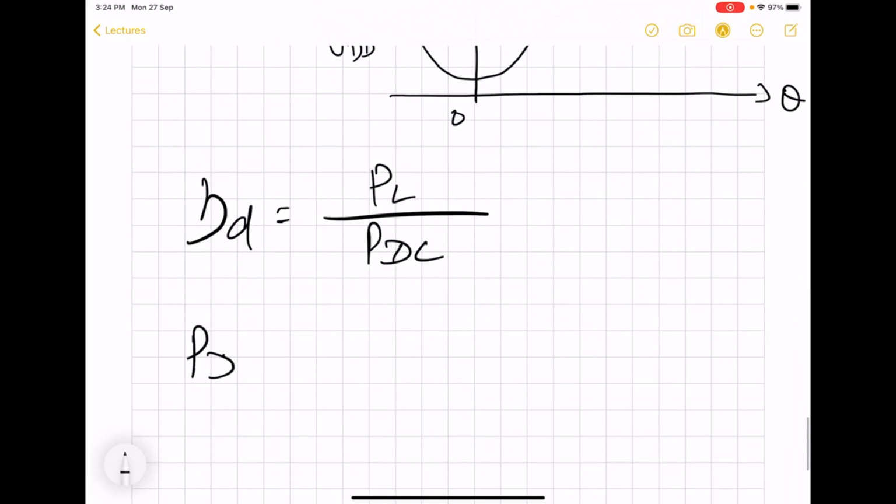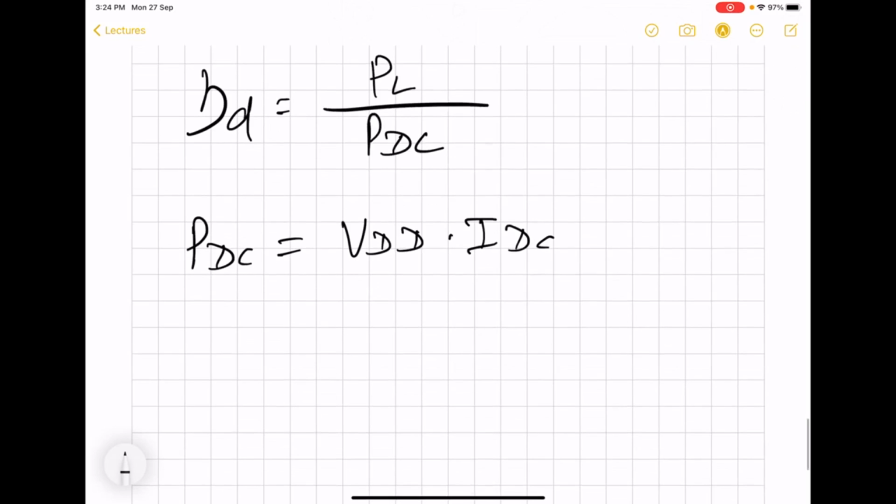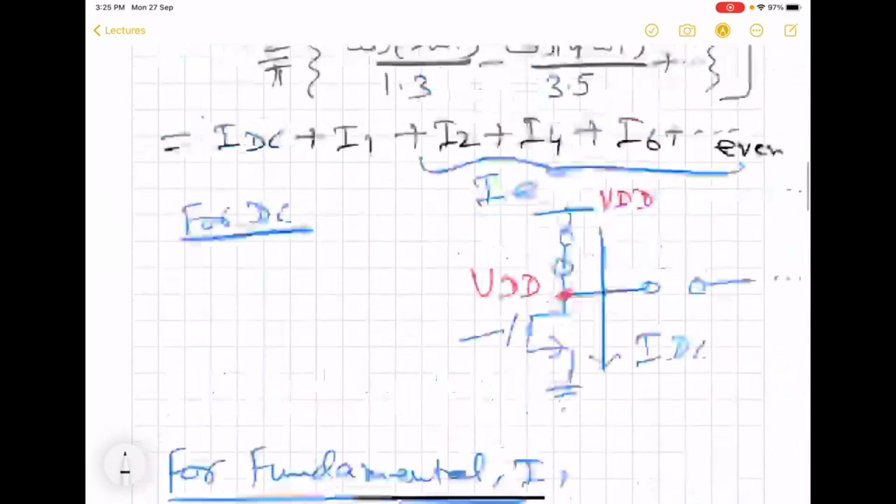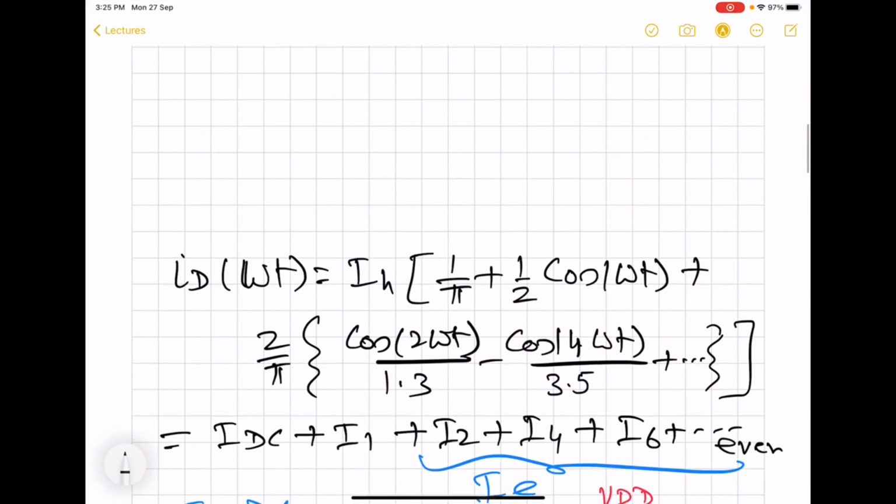Here PDC is VDD multiplied by DC current, and this DC current is the amplitude of the half wave divided by pi, and P load is IP1 square divided by 2 RL.